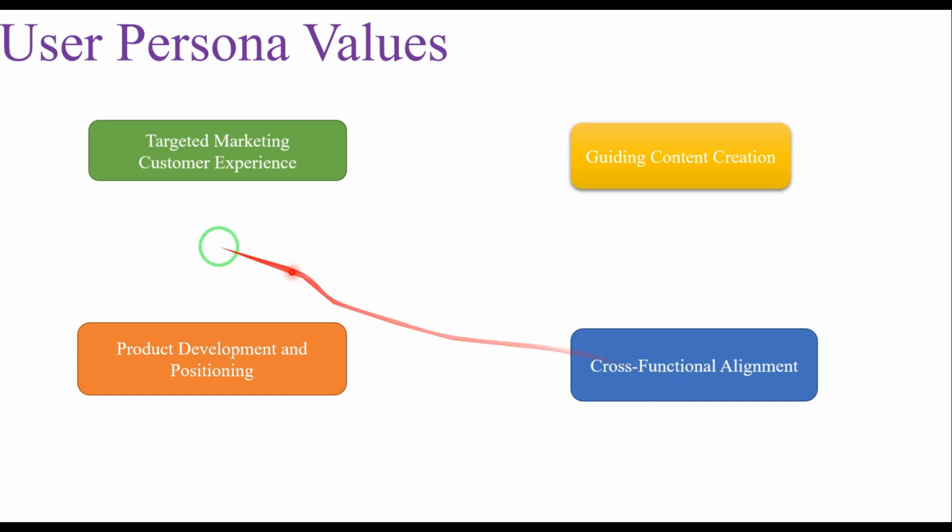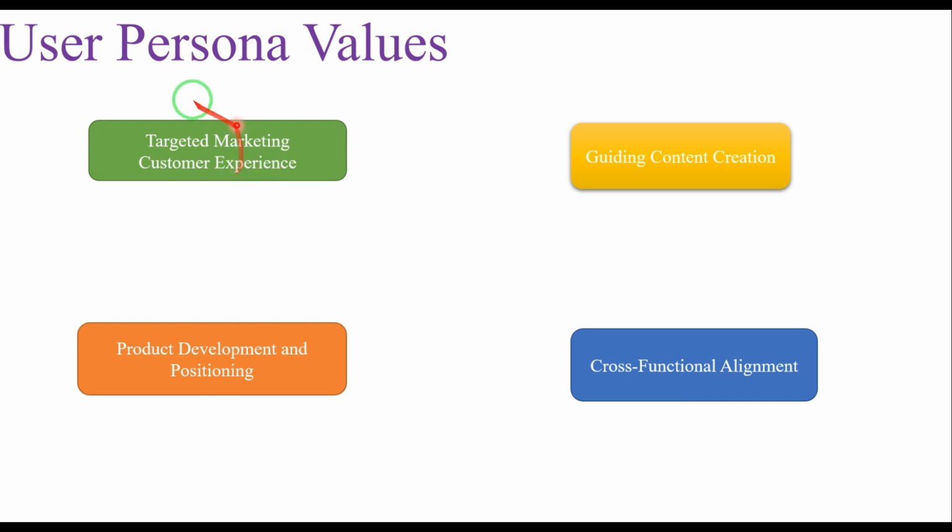The first one is about targeted marketing and also customer experience. Personas help in segmenting the audience into distinct groups based on characteristics such as demographics, behaviors, and preferences. This allows for more precise targeting, ensuring that marketing messages are relevant and resonate with each segment.